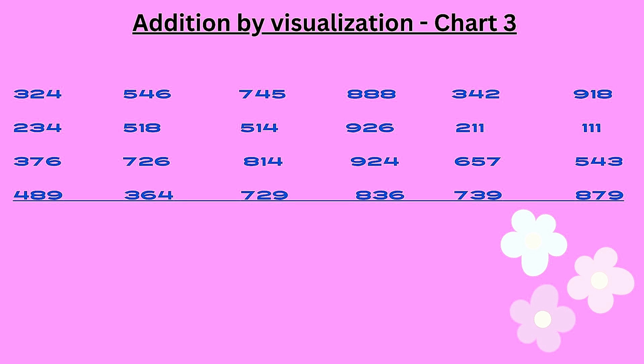The purpose is that you should be able to increase your speed and be more comfortable and confident with whatever you are doing. So in that process you'll generate more confidence and more speed in your calculation. Now let us go and see the next chart.